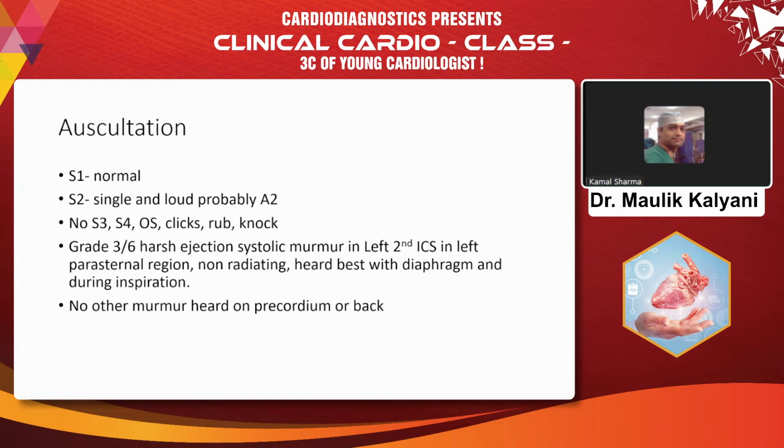Right. Suppose a patient's murmur has been changing of late in a patient of tetralogy that you've been seeing regularly. What are the different things that come to your mind? Suppose compared to previously, the murmur has now become less audible in a patient who has now become more symptomatic. Apart from, in an adult, there will not be further progression. So what are the things that come to your mind as differential?